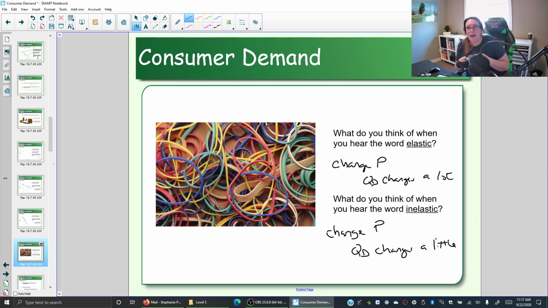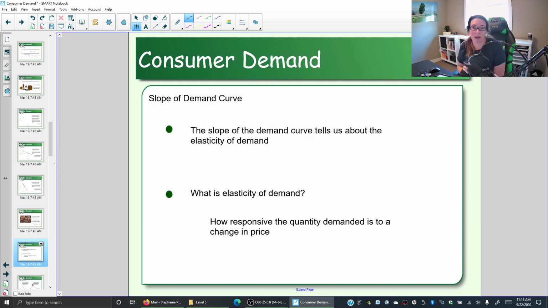So we need to figure out, how do we know if something has elastic or inelastic demand? What causes it to be more elastic or inelastic? And why a business would even care about how responsive customers are to a change in price. We can start to get indications about elasticity of demand by looking at the demand curve.